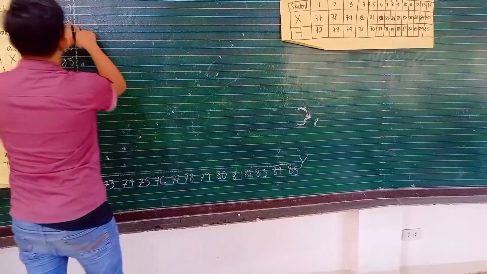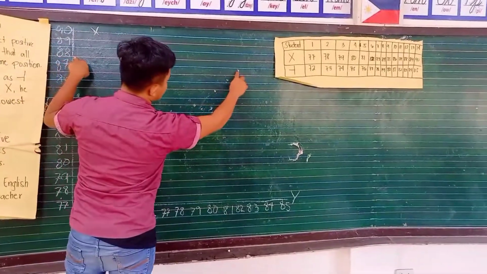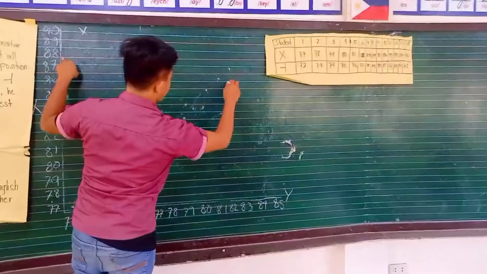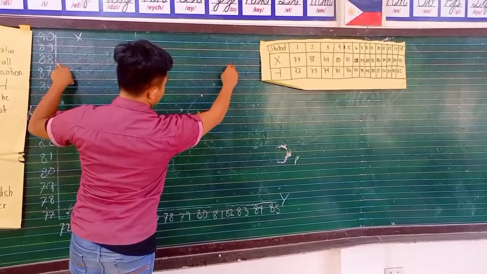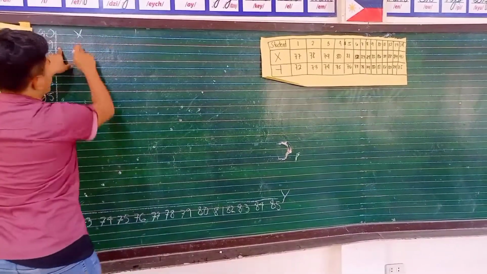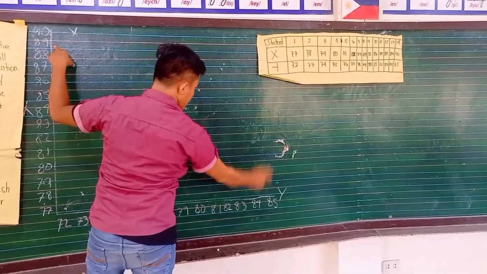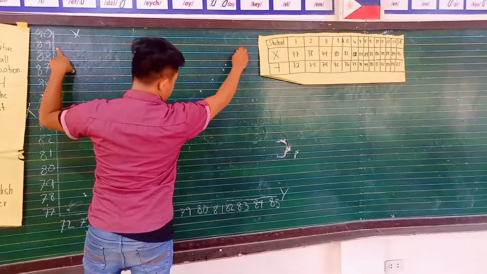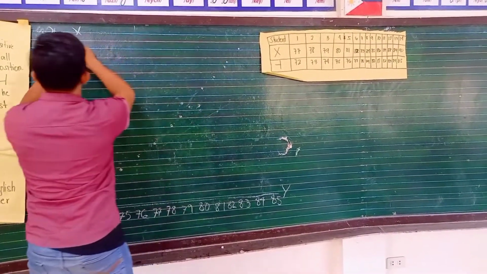And 88 and 83. So 89 and 84, straight line. And the last one is 90 and 85.